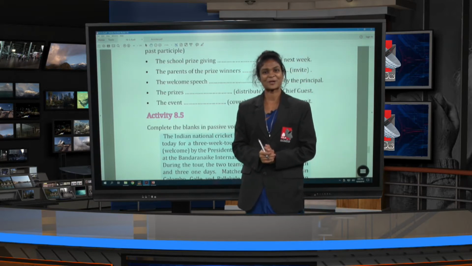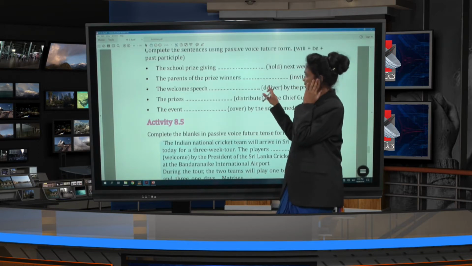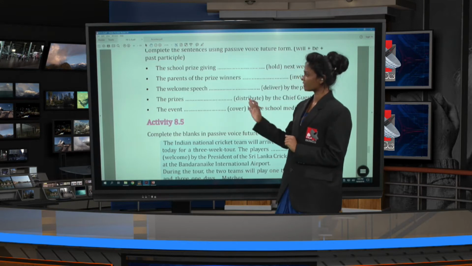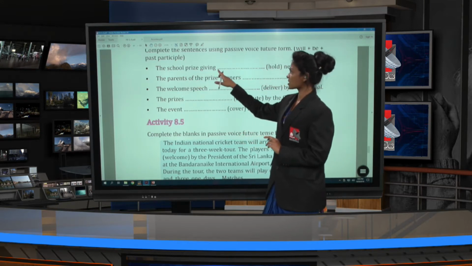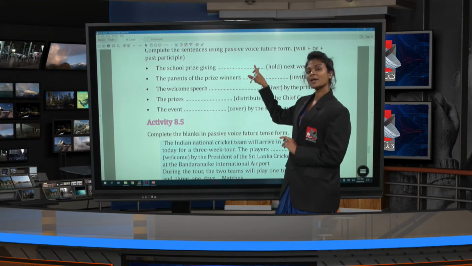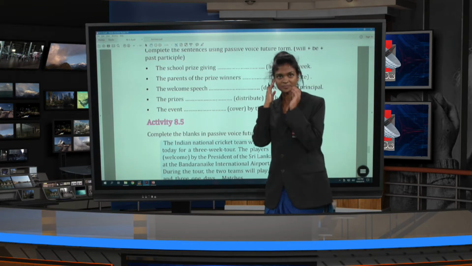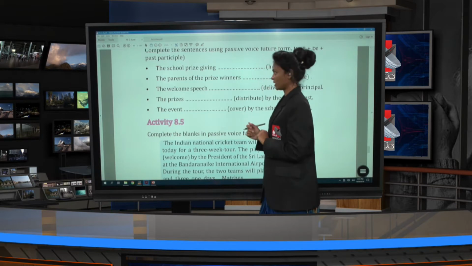What you have to do is add the past participle of the verb. Other things are given here. Then how? The school prize giving will be held next week.